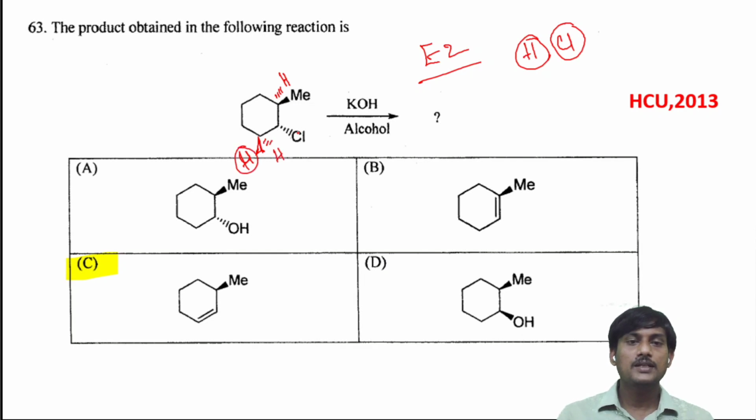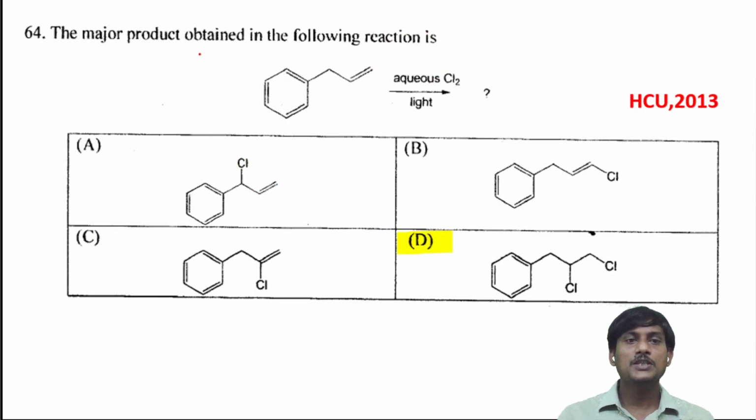This hydrogen and this chlorine are anti-periplanar to each other. So there is a removal of this hydrogen and this chlorine. So you will get double bond at this carbon, this bond. So what is the product? This is the product.